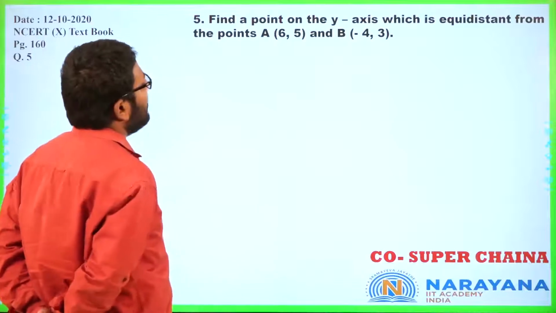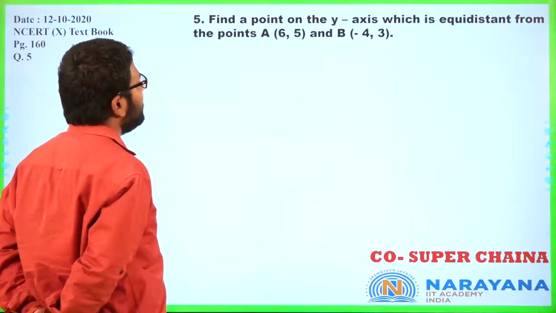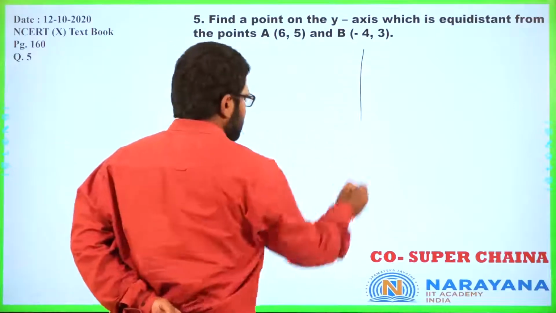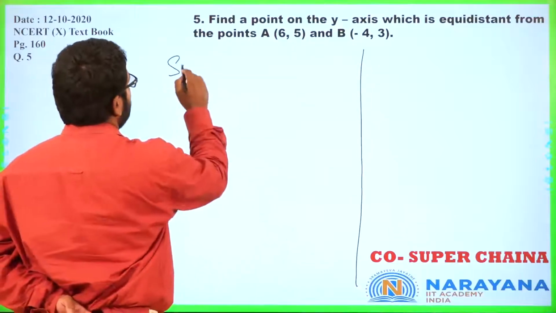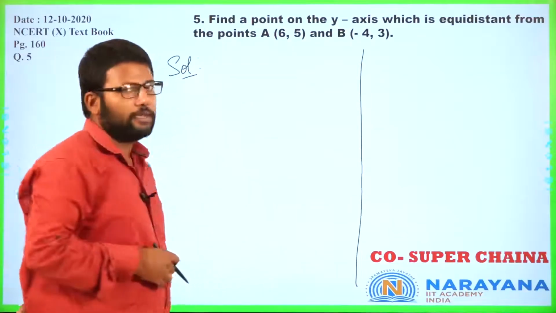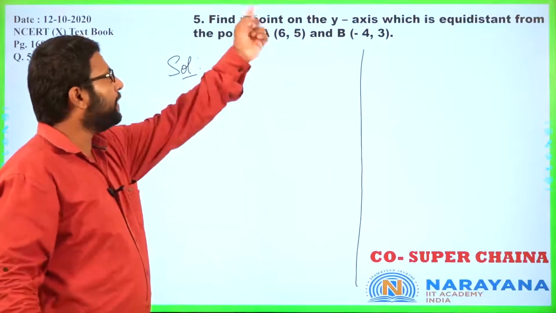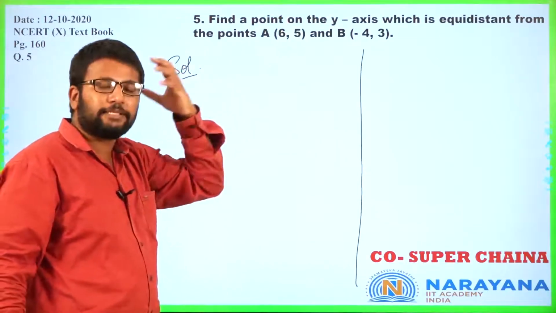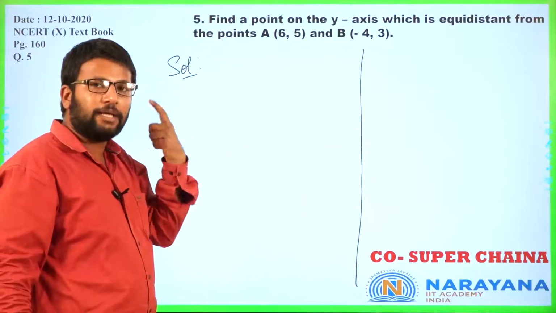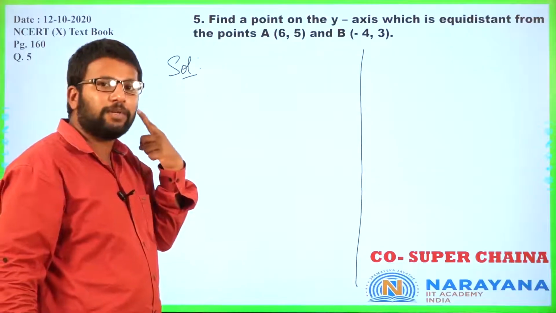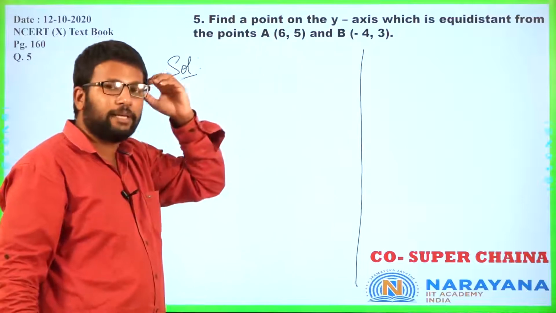Find the point on the y-axis which is equidistant from the points A 6, 5 and B minus 4, 3. Okay, so now answer this mentally, answer it to yourself. Any point on the y-axis, what should I take the point as? For x-axis, earlier we have taken point alpha, 0. For y-axis, the point should be, think about it.